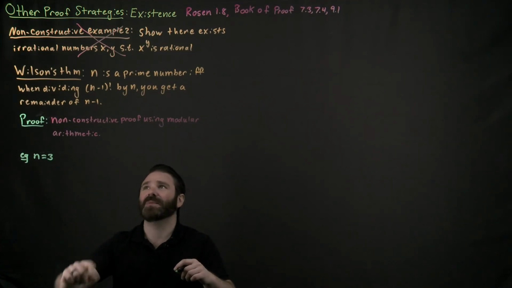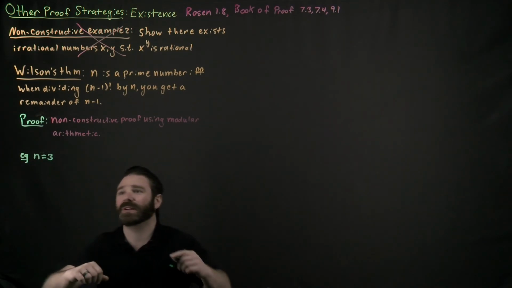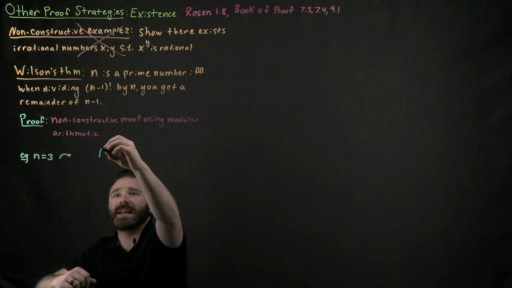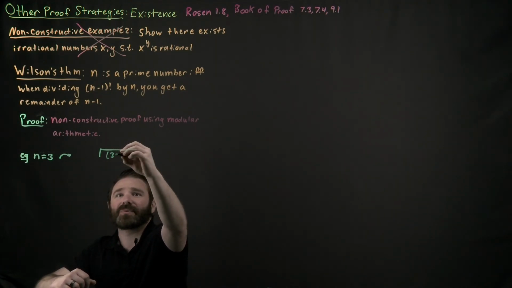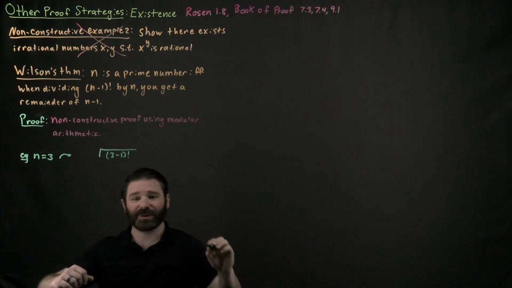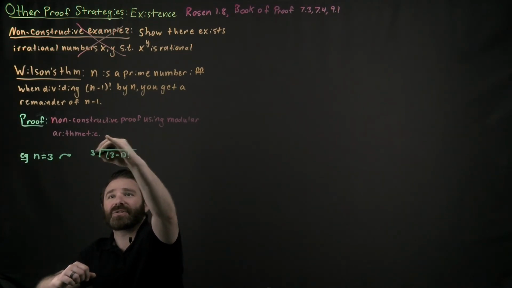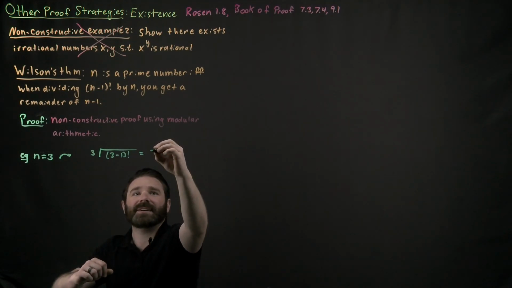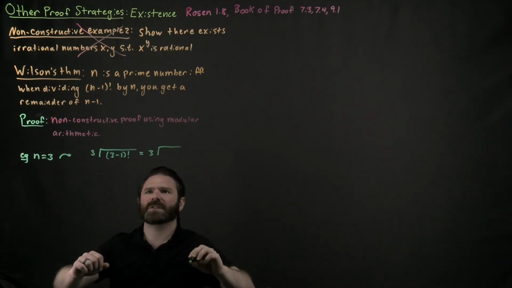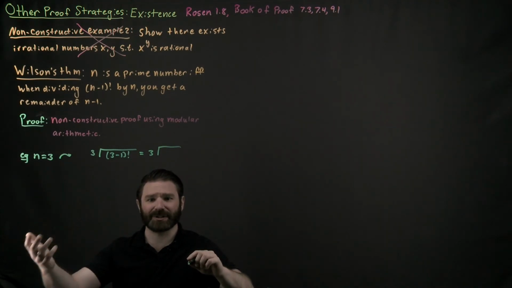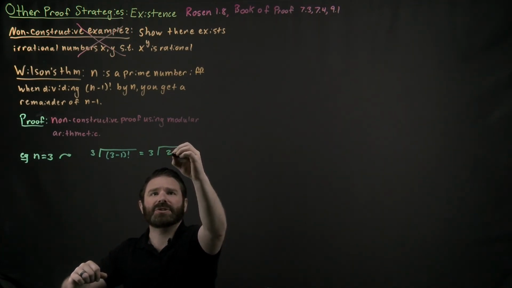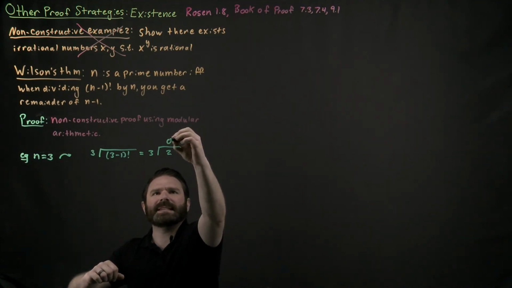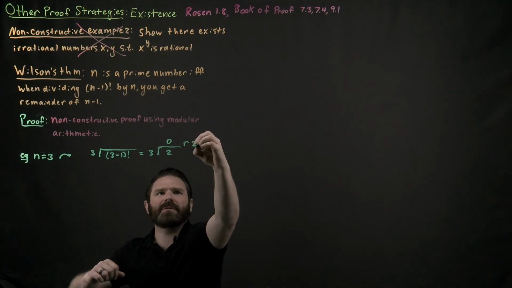I need to divide 3 minus 1 factorial by 3 and check its remainder. 3 minus 1 factorial is 2 factorial, which is simply 2. Well, 2 divided by 3 is 0 with a remainder of 2.